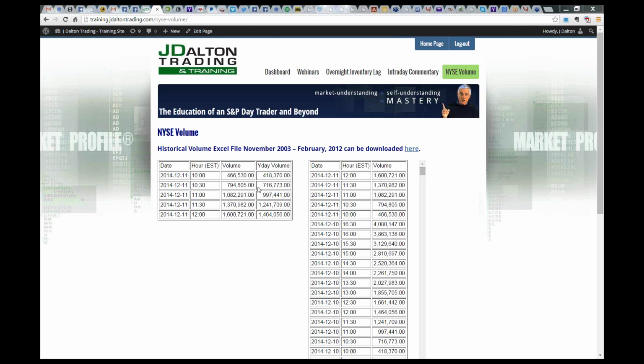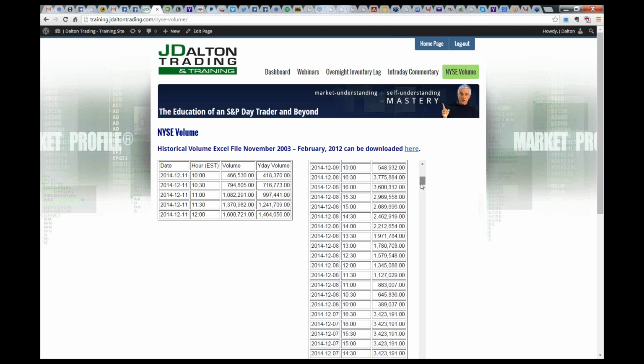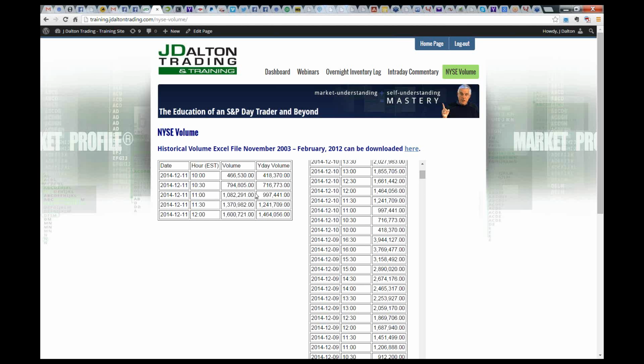So we're comparing, and one of our intensive traders did this for us, and basically we can track the volume through many days on the right, but basically we're looking at every 30-minute period. It's a visual. Yes, we download it to a spreadsheet, but if you'll notice the 10 o'clock hour today, 466 versus yesterday's volume, and we track this throughout the day.